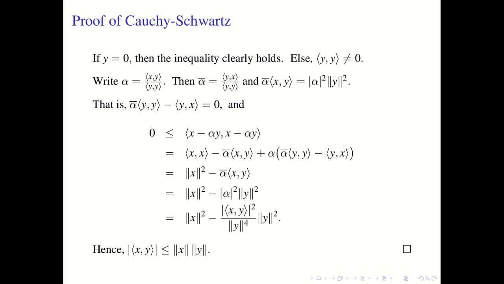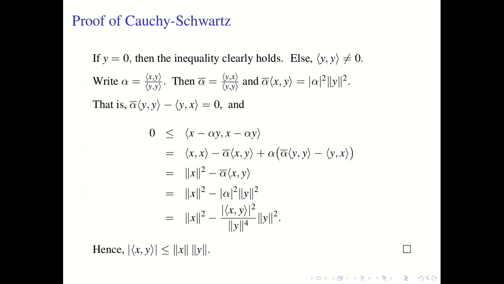If y is 0, then inner product xy is 0 and norm x times norm y is also 0. So therefore the Cauchy-Schwarz inequality holds true. Suppose y is non-zero, which means inner product yy is non-zero. Take alpha to be equal to inner product xy divided by inner product yy.